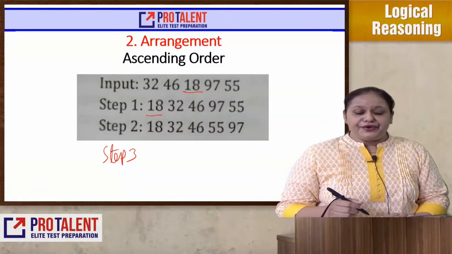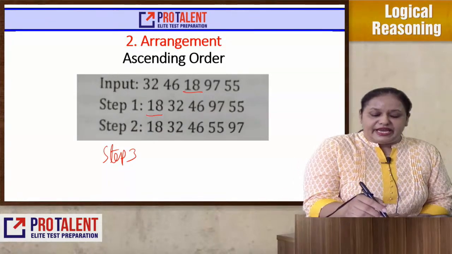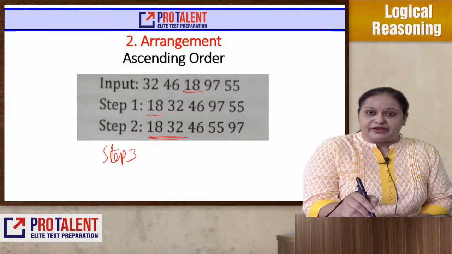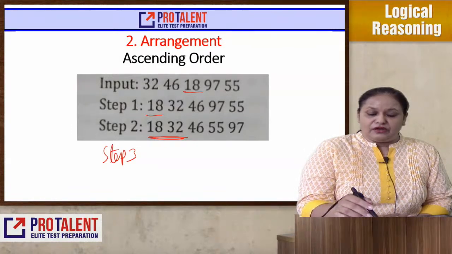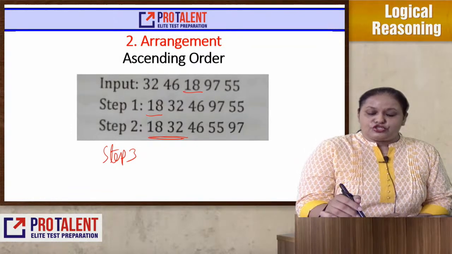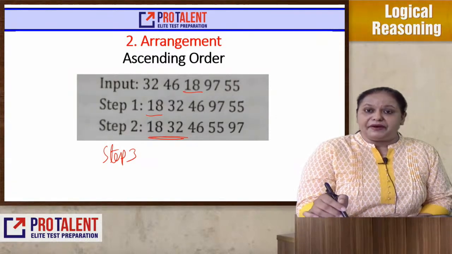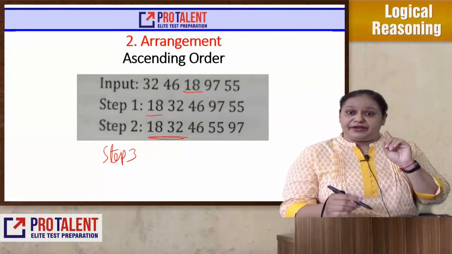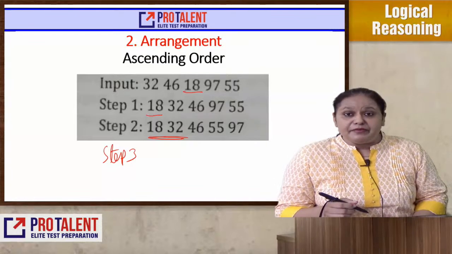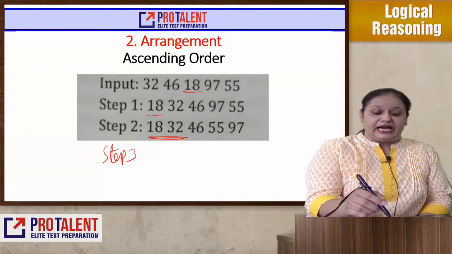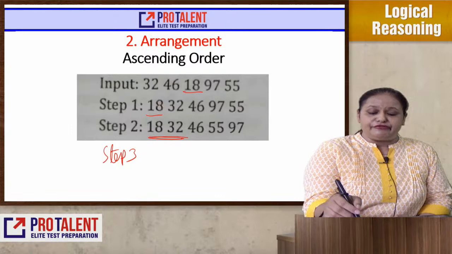Now here you can see that जैसे 18 के बाद 32 came, they brought 32, 46, then 55, 97. So then this has automatically got arranged. What is the point we are making over here? That 1, 2, 3, 4, 5.